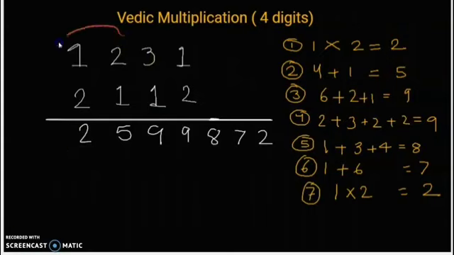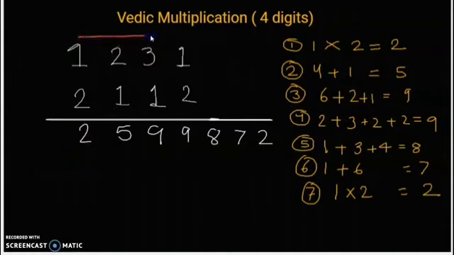Next we will take the next 2 pairs, 1 2 and 2 1. Again we will cross multiply 2 times 2 and 1 times 1. So 2 times 2 is 4, as you have seen, and 1 times 1 is 1, and then we will add it, so that gives us 5. Write 5 after 2.